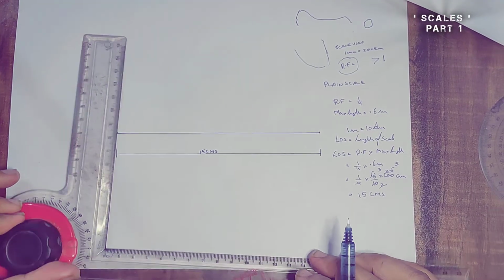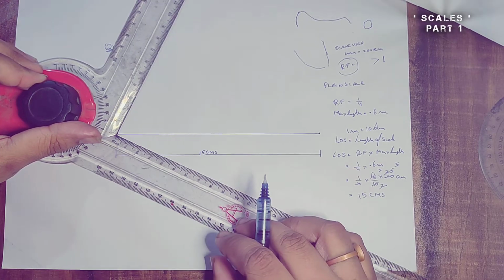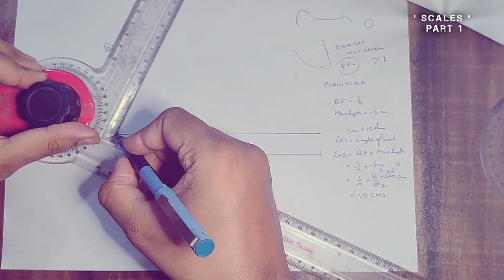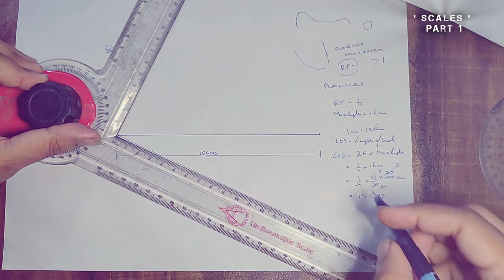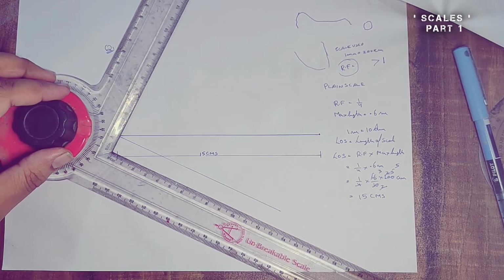So how do we do that? Make any angle with this line using the drafter, and take your compass.